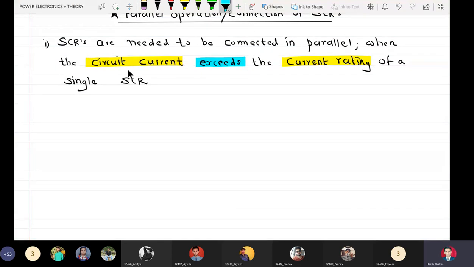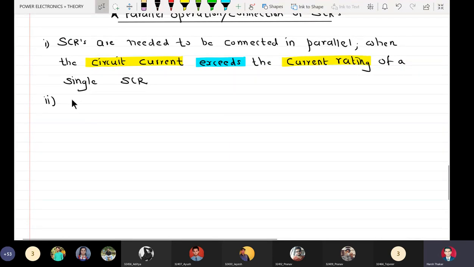Again, similar to the terms and conditions needed for series operation, in order to have equal distribution of input voltage across the SCRs, here also they need to be identical.